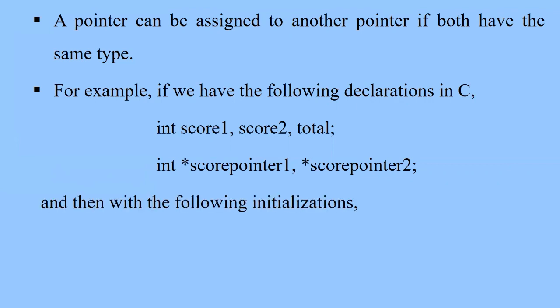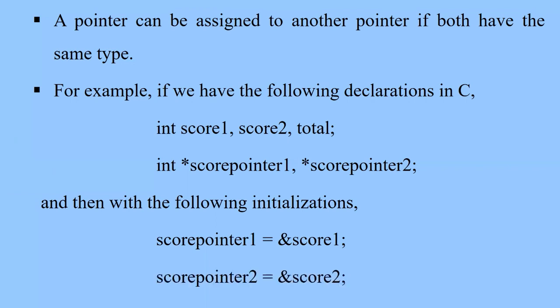And then we initialize them as follows. We pick the memory address of the variable called score1, and we assign it to score pointer 1. So in other words, we are now making our pointer score pointer 1 point to the memory location for the variable score1.